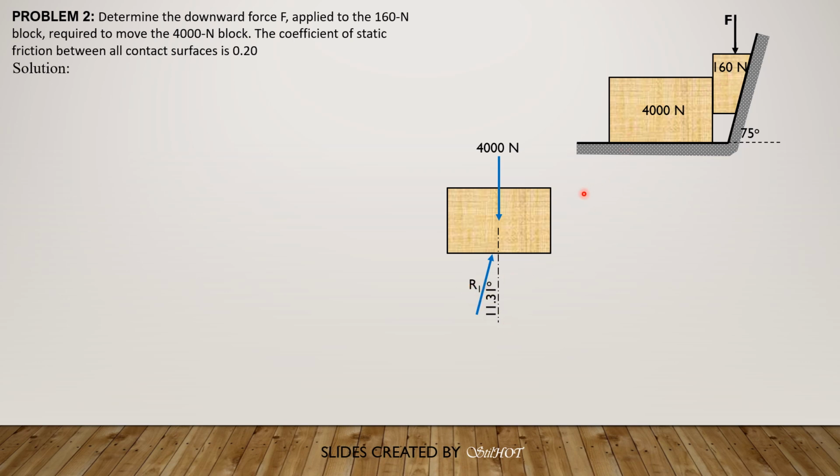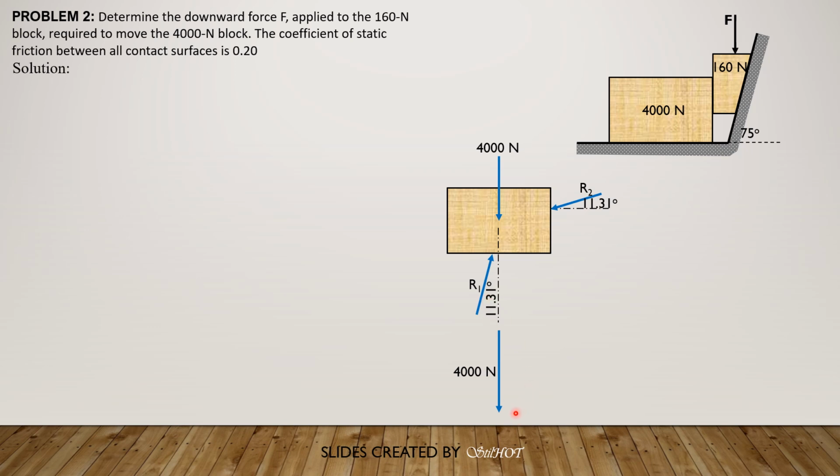Next, for the contact surface between the 4,000 Newton block and the wedge, we have the reaction down to the left. Let's call that R2, and it makes an angle of 11.31 degrees with the horizontal again. So constructing the first triangle of this 4,000 Newton block, we have 4,000 Newton downward.